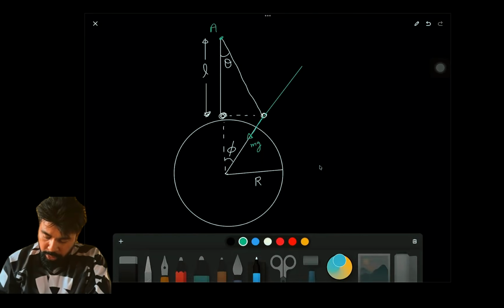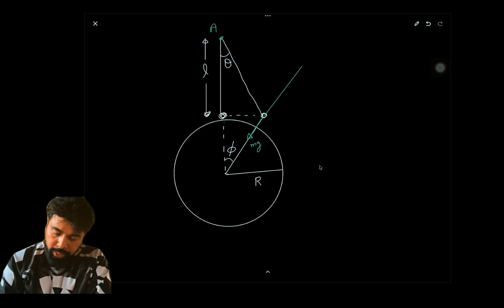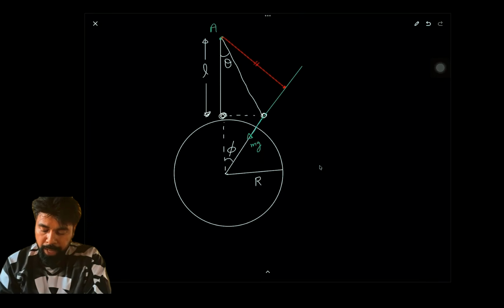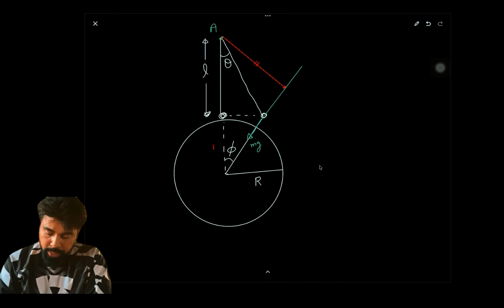So to get the torque, we need to draw the perpendicular line, right? So we'll drop a perpendicular from the point of suspension to the vector mg. So this is the red line. Now what is the value of this line? So this radius is r, this angle is theta, this is phi. So you can easily see that the sum of interior angles is the exterior angle.